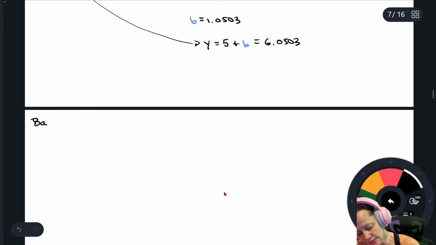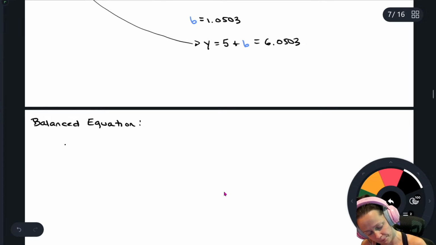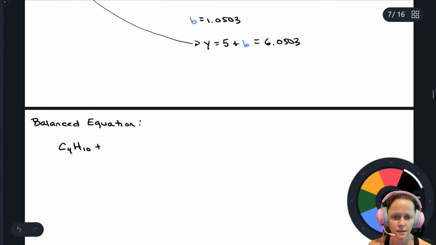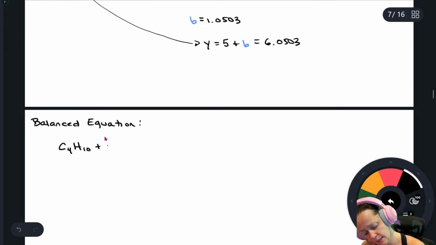So I've got my balanced equation. That was a lot of work to get that balanced equation, but I got it. So I've got C4H10 plus 10.4 times O2 plus 3.76 nitrogen.